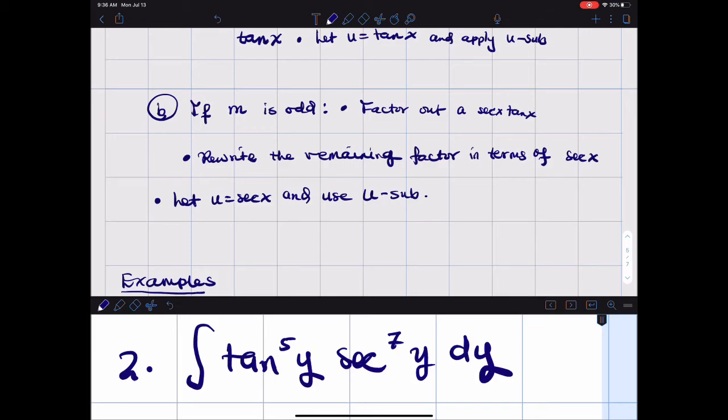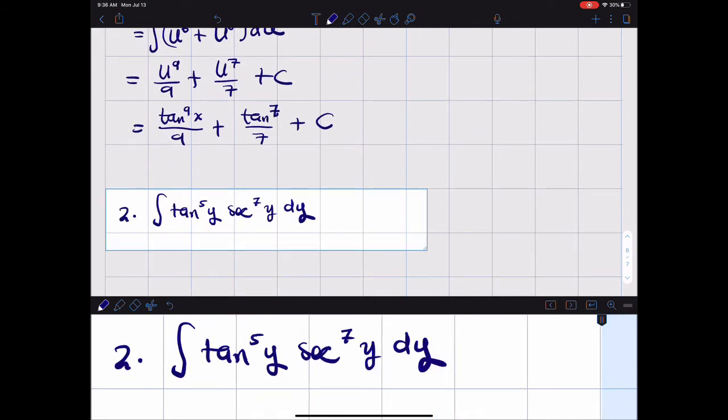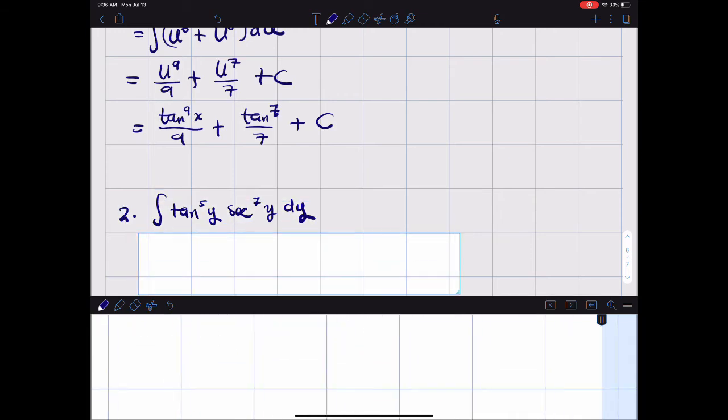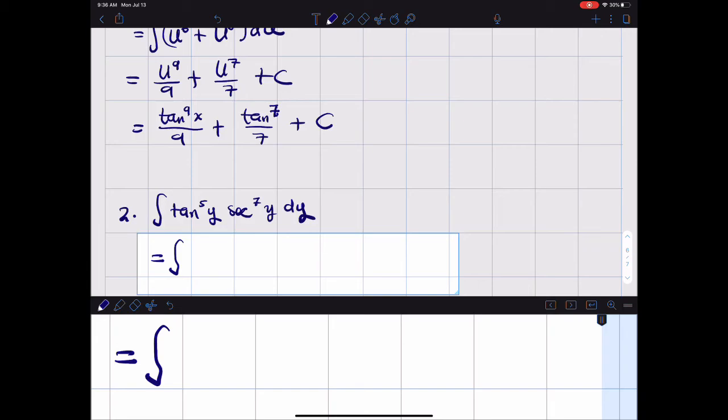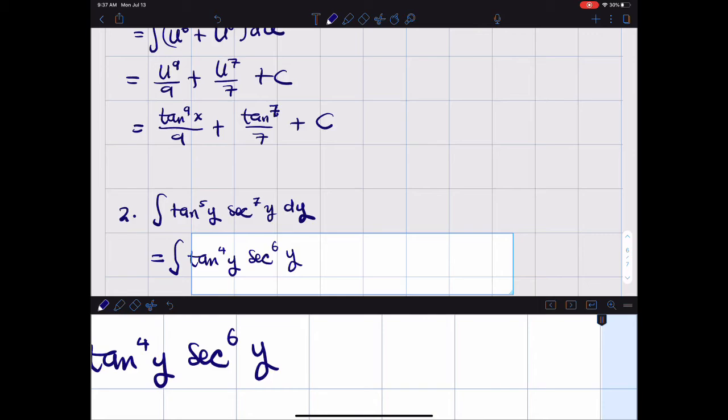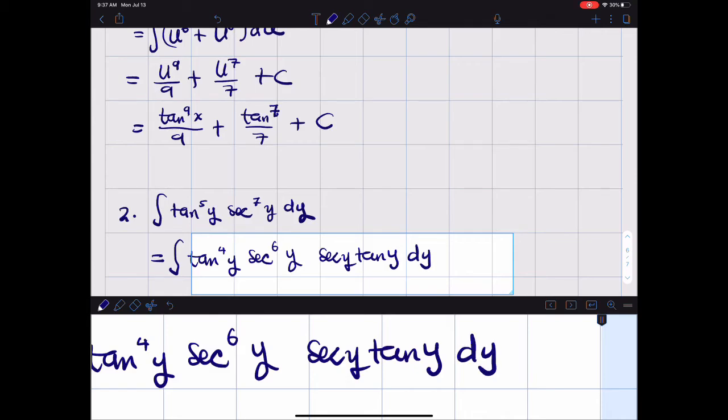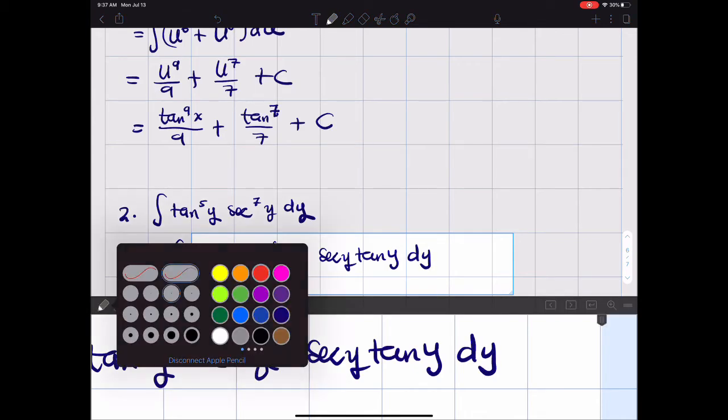So we have to factor out a secant x tangent x and rewrite the remaining in terms of secant. So that's a good thing. So we can go ahead and factor out secant y tangent y. So we're left with tangent to the power of 4 y, secant to the power of 6 y, and then we factor out secant y tangent y dy, and we save this.